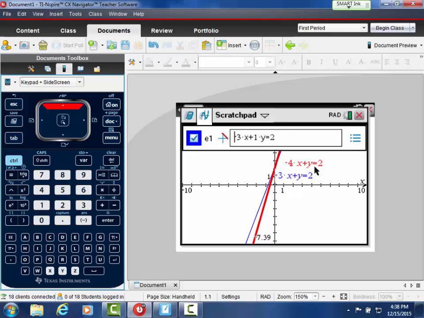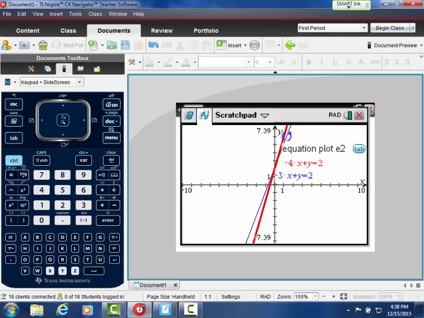So this is what they look like when they're graphed, and then what you want to do is make some comparisons. So some things that we can see quite easily is that the blue line intercepts the x-axis to the left of the red line. Okay, so we could say -3x plus y equals 2 has a smaller x-intercept than -4x plus y equals 2.